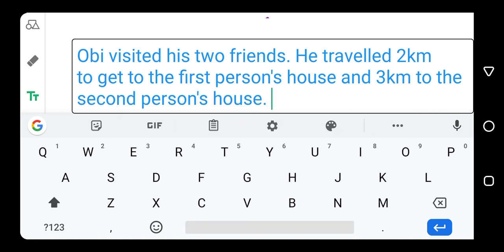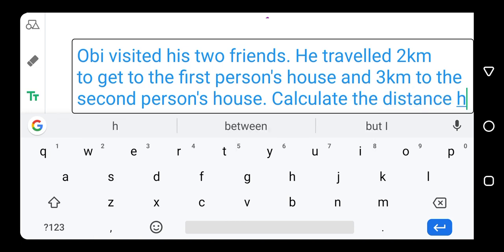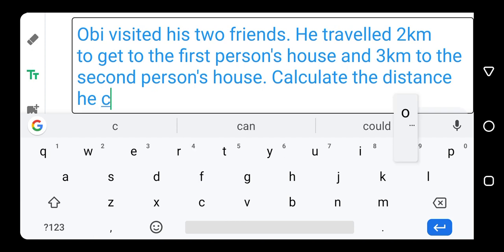Then calculate the total distance he covered.